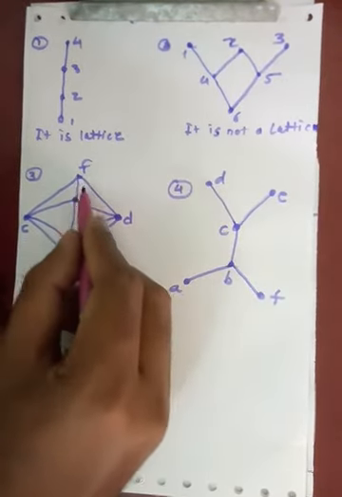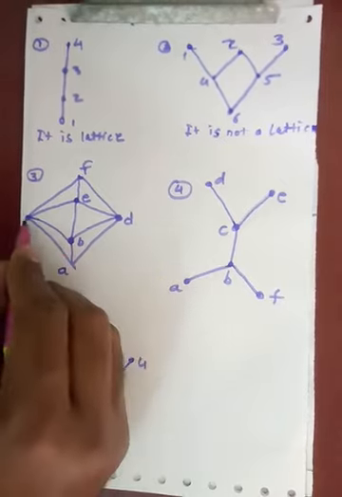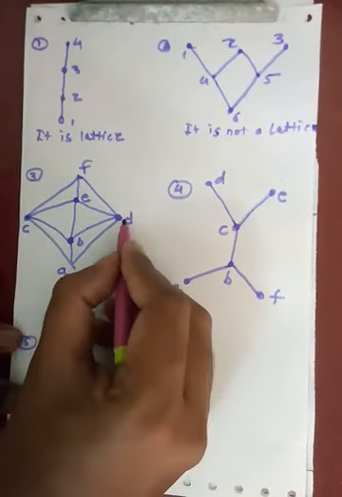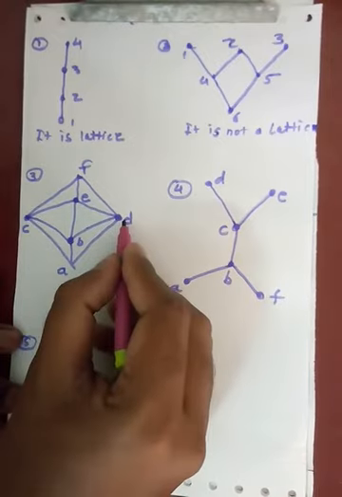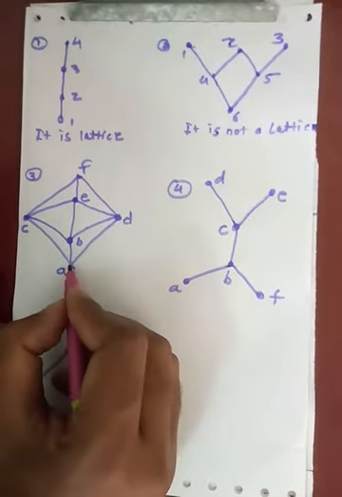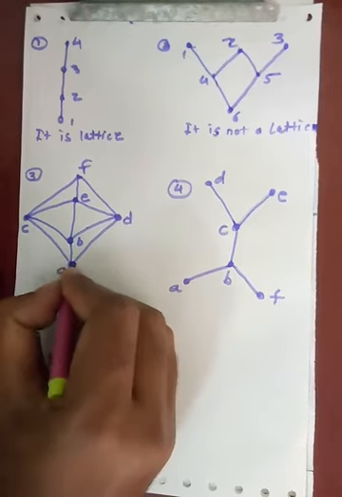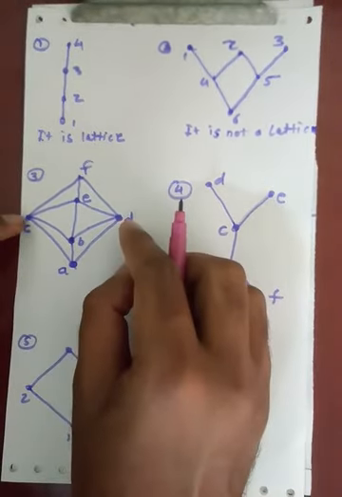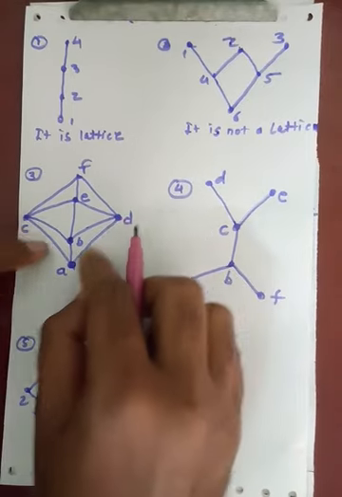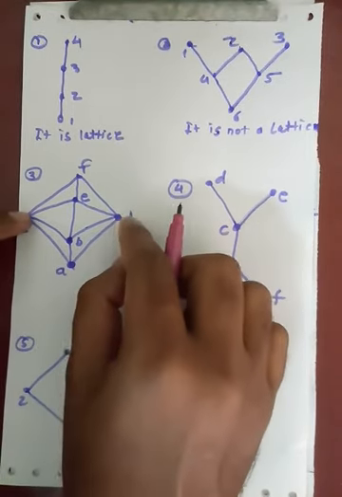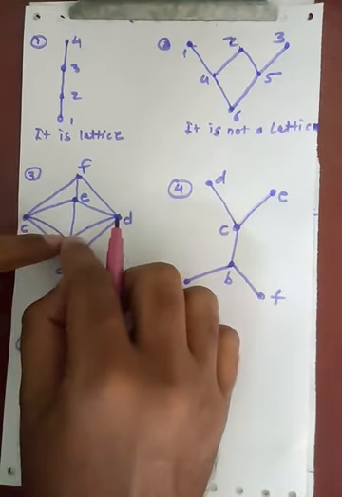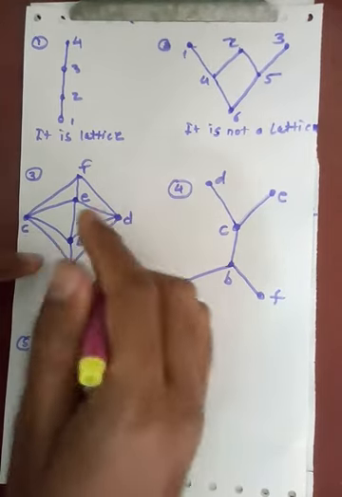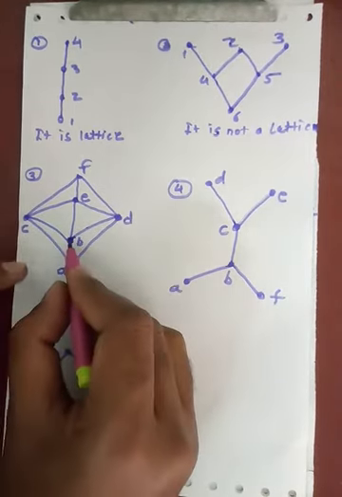Then in that case consider any pair, for example B, D. For B and D there are two lower bounds, because C and D meet at A, and again C and D meet at B. Out of these two, the greatest lower bound is B, right?